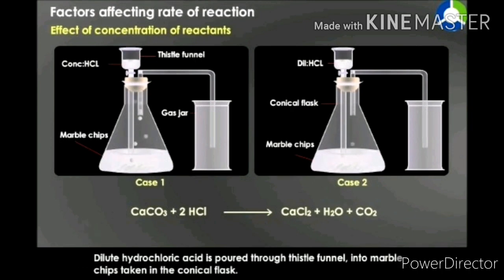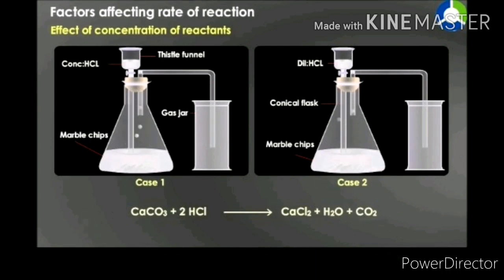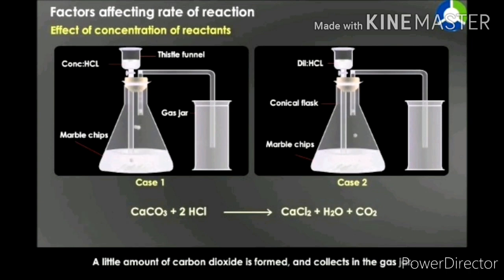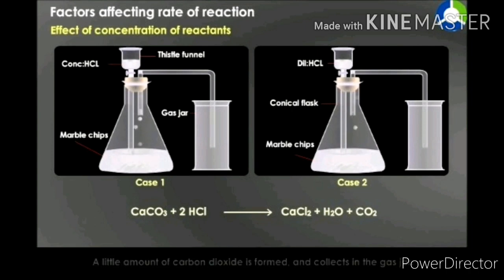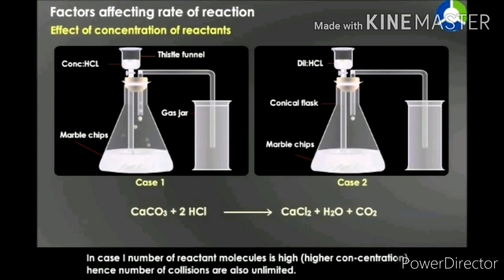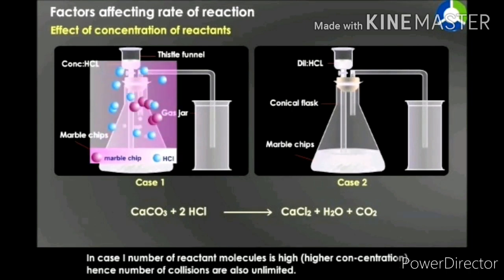Now dilute hydrochloric acid is poured through thistle funnel into marble chips taken in the conical flask in case 2. A little amount of carbon dioxide is formed and collects in the gas jar. In case 1, number of reactant molecules is high, hence number of collisions are also unlimited.